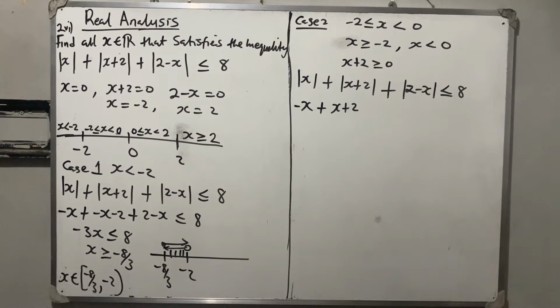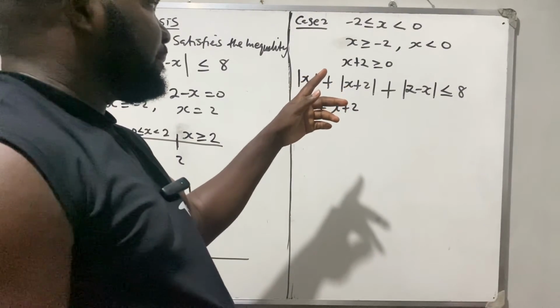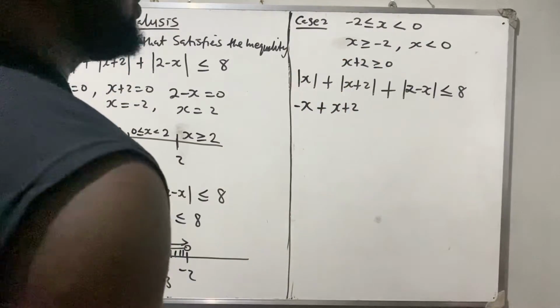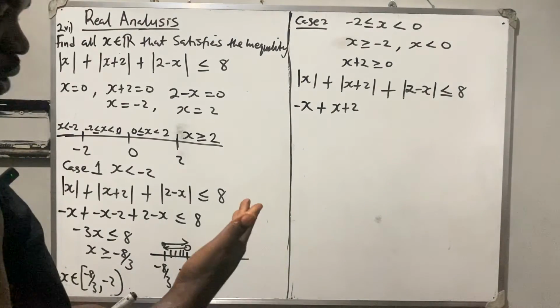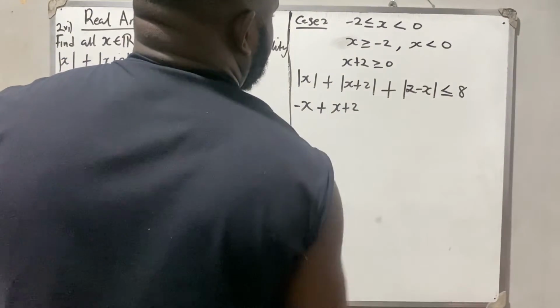I think it's going to be positive as well. Let me pick, for example, minus 1. If I put minus 1 here, 2 minus minus 1 is giving me positive, so it's positive.